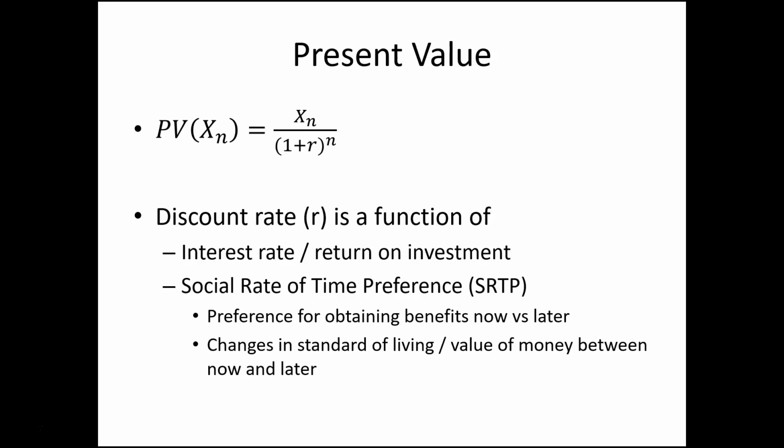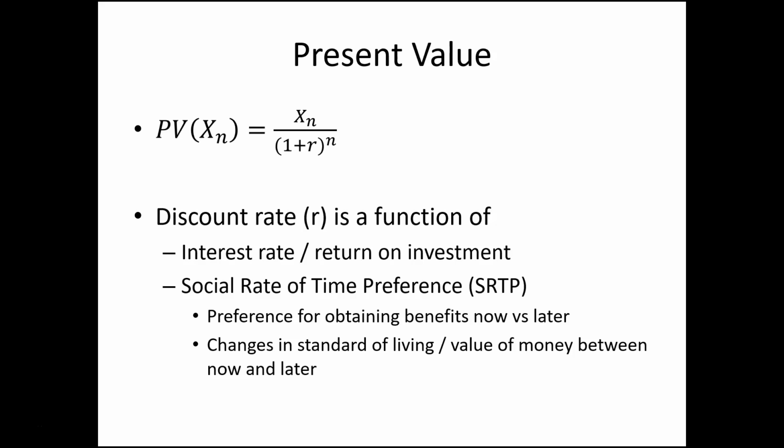We've talked about this in a previous chapter, and we just renew the discussion of present value. The present value of some amount of money in N years down the road is calculated by taking that amount of money, X_N, and dividing it by (1 + R) raised to the N. Again, N is how many years down the road.